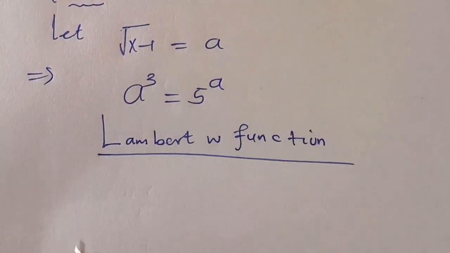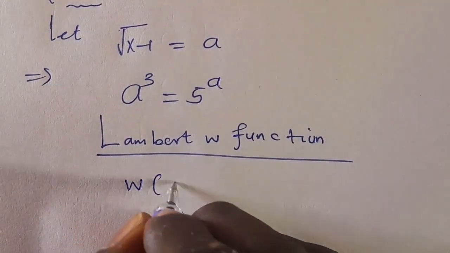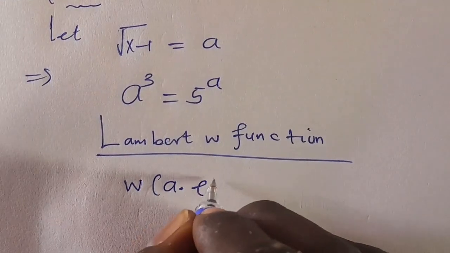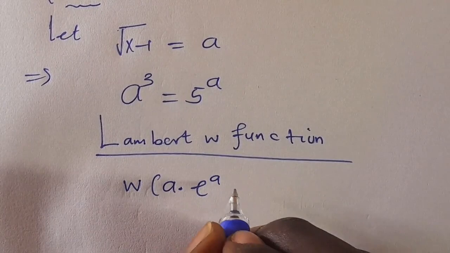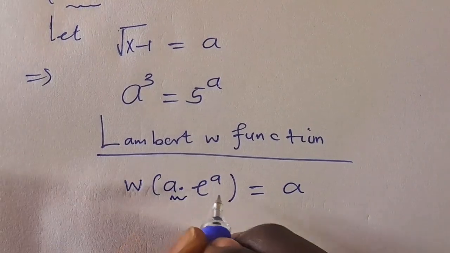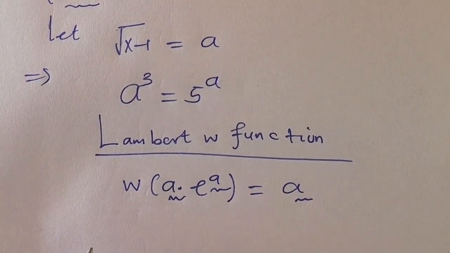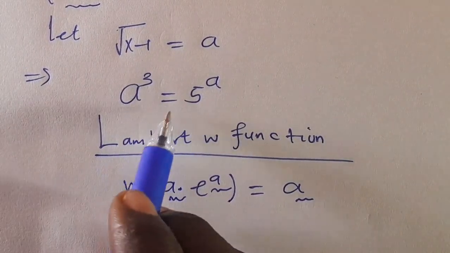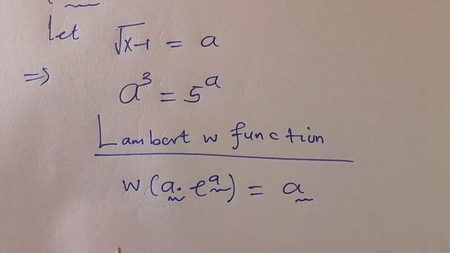That says the Lambert W function of a, multiplied by e to the power of a, will give us back our a. So far the base and the power are the same, so the output will be either of the one. Now to make the expression we have here look like this, we have to do some manipulations.